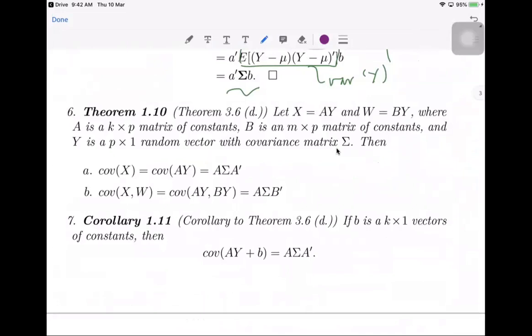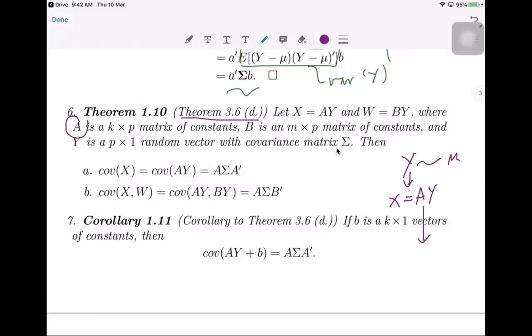What this theorem is talking about is that if we assume that y is a p by 1 vector with a mean mu, and we do a transformation on y by renaming it as x, but the transformation will be pre-multiplying it by a matrix A, k by p.